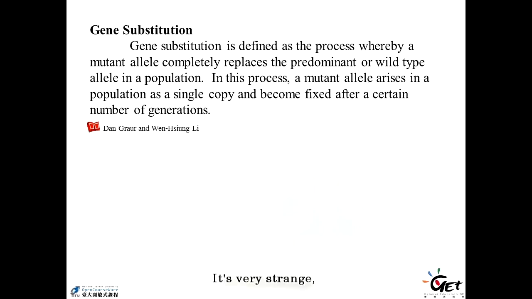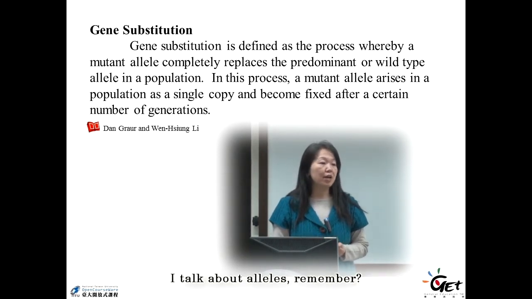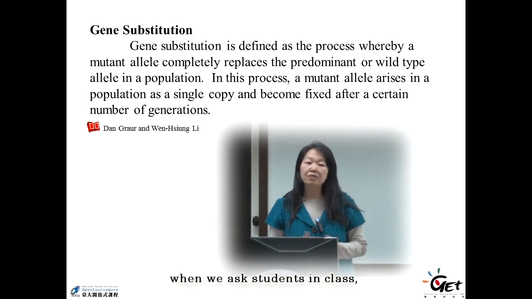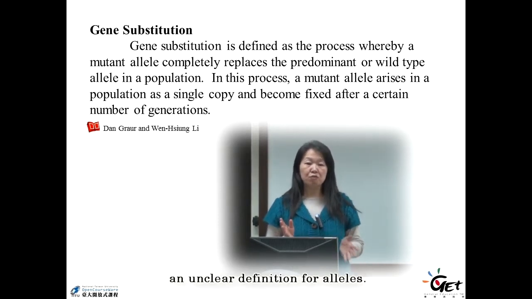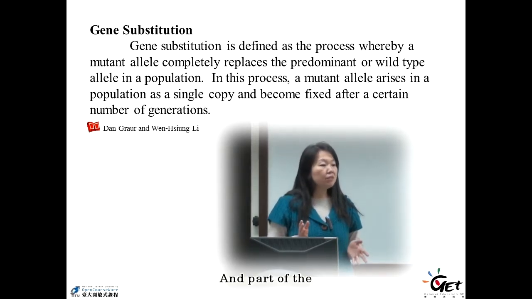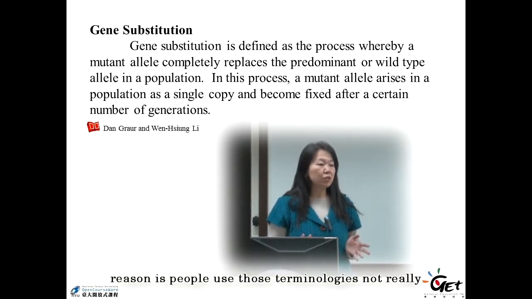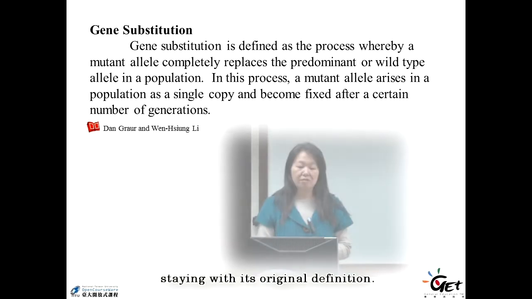It's very strange people use genes, as in the very first lecture I talked about alleles, right? Remember, we wanted to define what an allele is, and I told you quite often when we ask students in the class, people have an unclear definition for alleles. Part of the reason is people don't stay with the original definition.